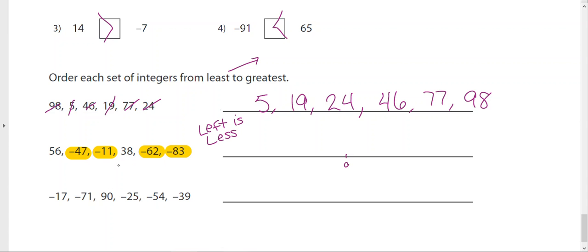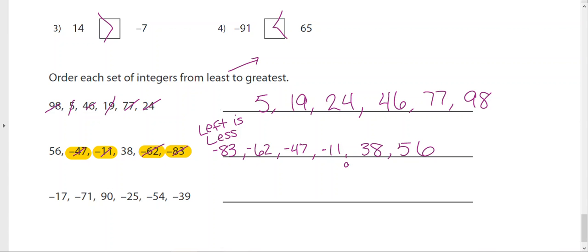And I'm going to work with my negatives right now. I know negative 11 would be closest to 0. And then after negative 11, kind of like counting backwards, would be negative 47. And then negative 62 and negative 83. So there's all my negatives. And now I have to do my positives on the other side. So I have 38 and 56.